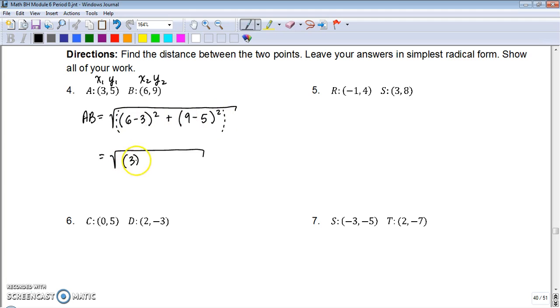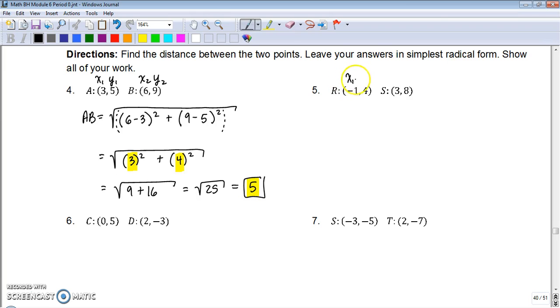So this would be 3 squared plus 4 squared, which is 9 plus 16, which is the square root of 25, which is 5. Oh, cool. This is actually our 3, 4, 5 triangle, in fact. So the distance between these 2 points is 5 units.